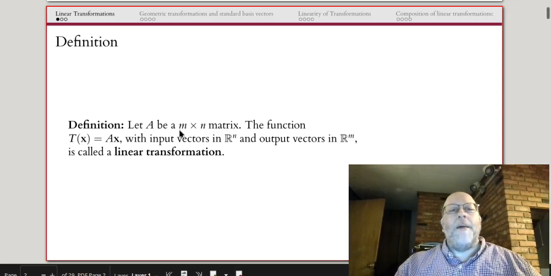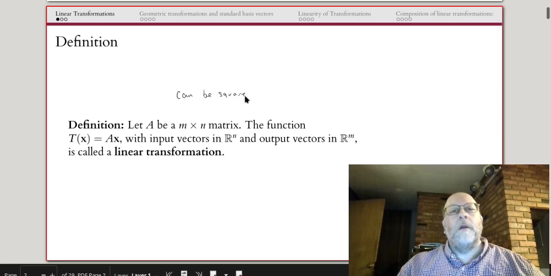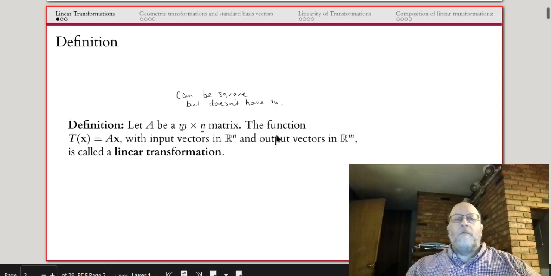If we have an M by N matrix, and there is no specific reason why M and N have to be different, this can be a square matrix. It can be square, but doesn't have to. We allow for the two numbers to be different, but they can be the same.